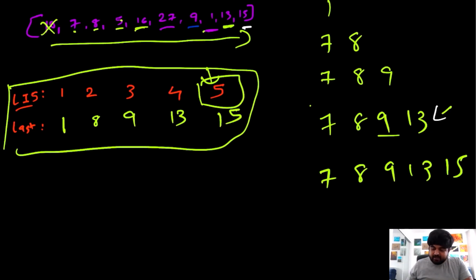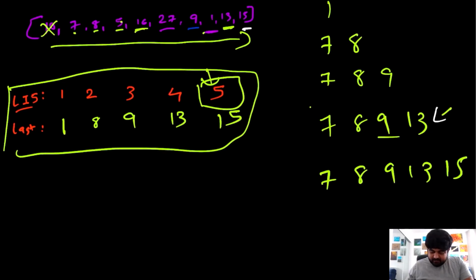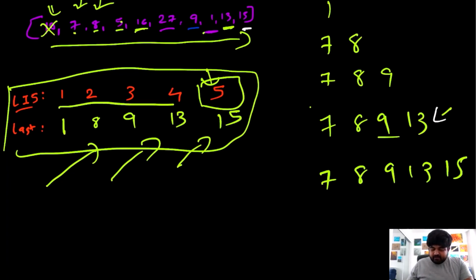And why are we able to achieve it? Because at every single location, for every single element, we are trying to see where we can fit that element that best represents that position, and based on it we were keeping track of the longest increasing subsequence. So basically we were intelligently choosing our own longest increasing subsequence, and we are also keeping track of whatever we have calculated in the past.